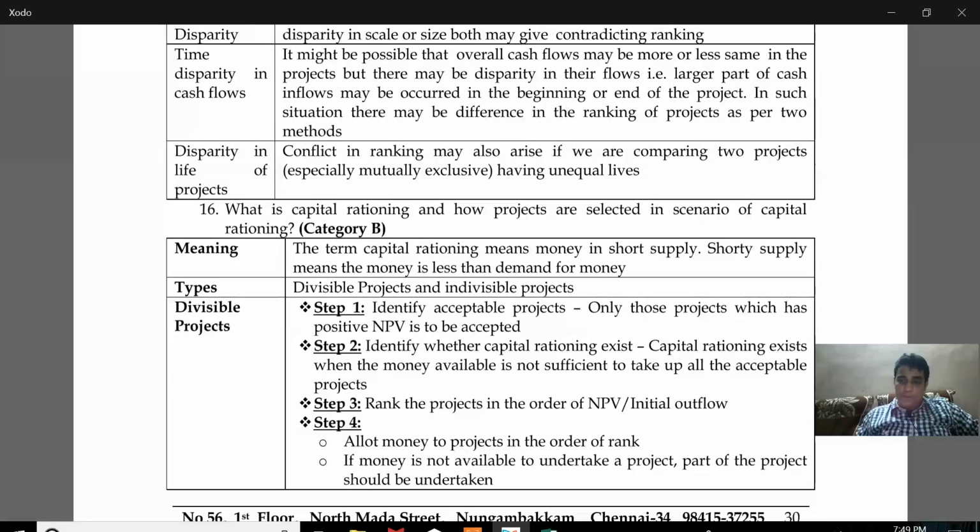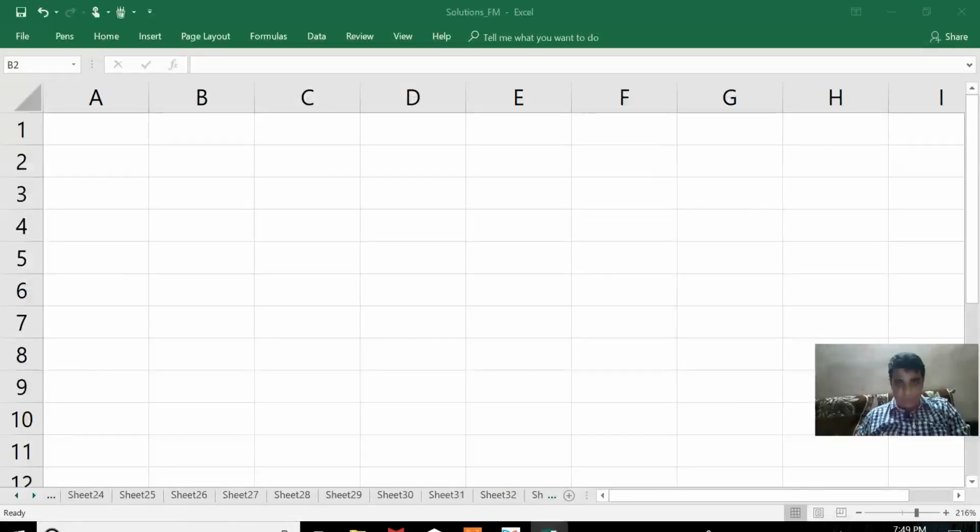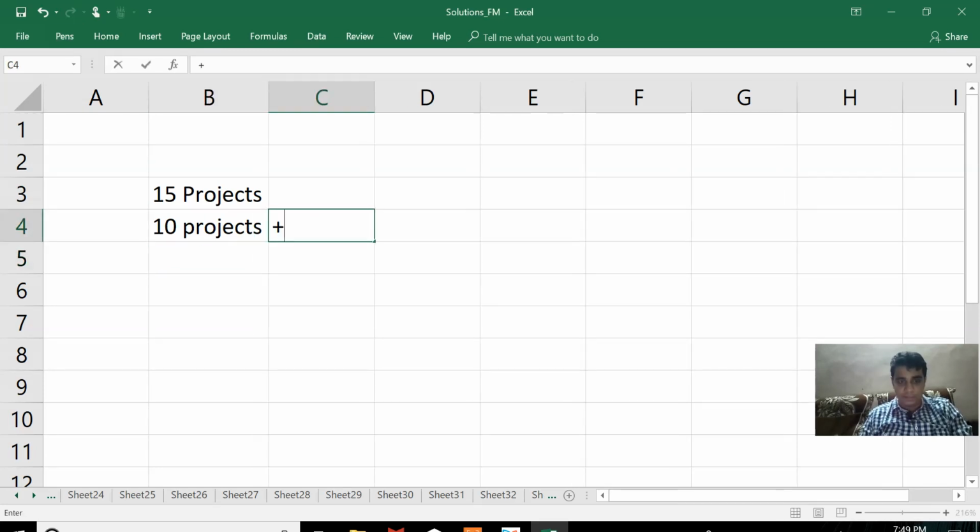A project gets done by me as long as it has positive NPV. That is the rule. So let's assume a company has 15 projects: 10 projects with positive NPV and 5 projects with negative NPV.